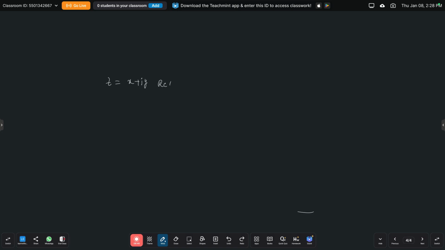This is called the rectangular form, and z equals r with an angle of theta is called the polar form, and z equals r cos theta plus j times r sin theta is called the trigonometric form, and z equals r times e power j theta is called the exponential form.